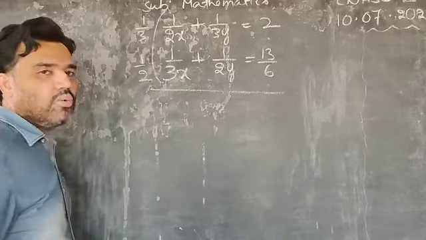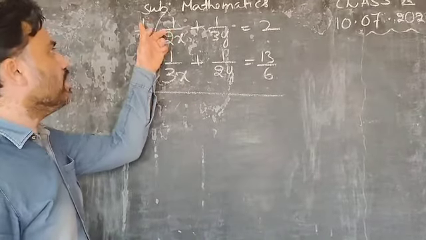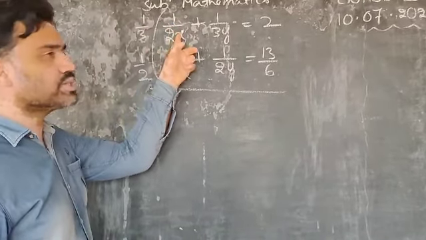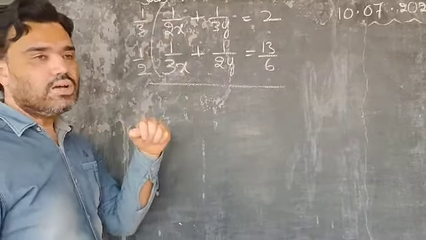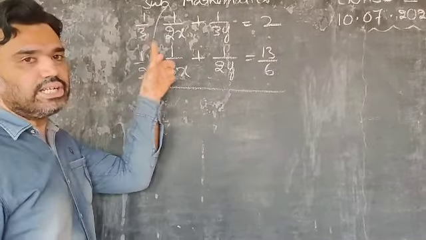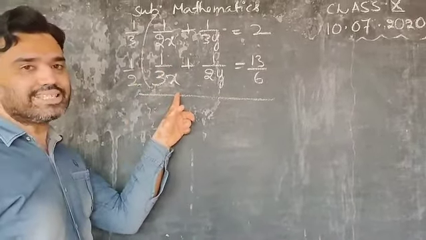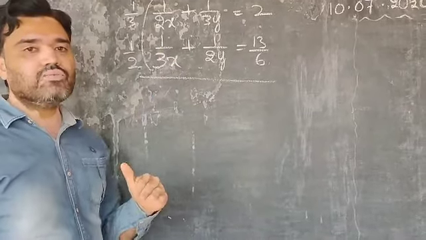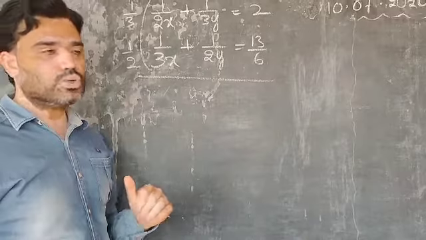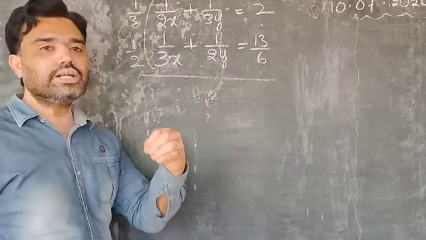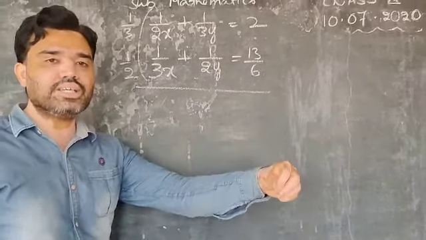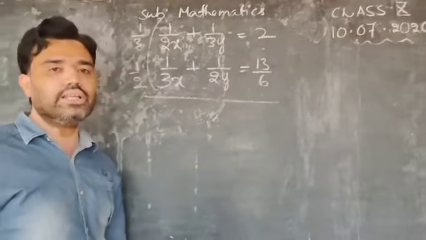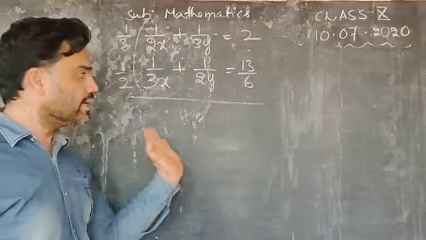Can you tell me why I have done this? 1 into 1 is 1, 3 into 2 is 6, means 1 by 6x you will get in the first equation. Second equation, 1 into 1 is 1, 2 into 3x is 6x, means 1 by 6x. So in both the equations we have got 1 by 6x. So directly you can solve; you need not assume it as a and b and convert into linear equations. Directly you can solve this.